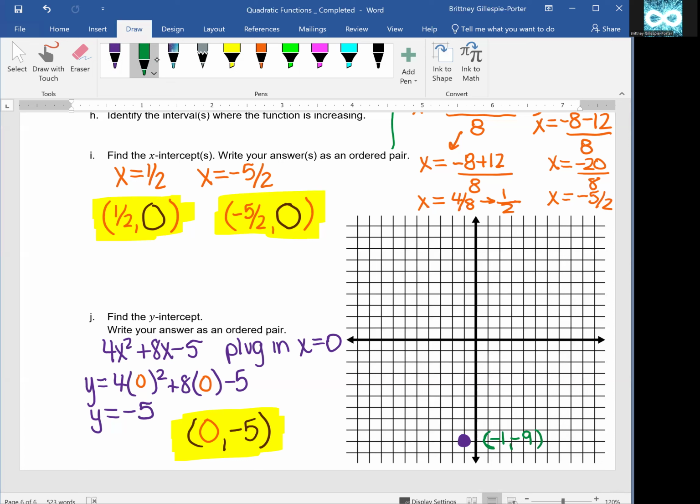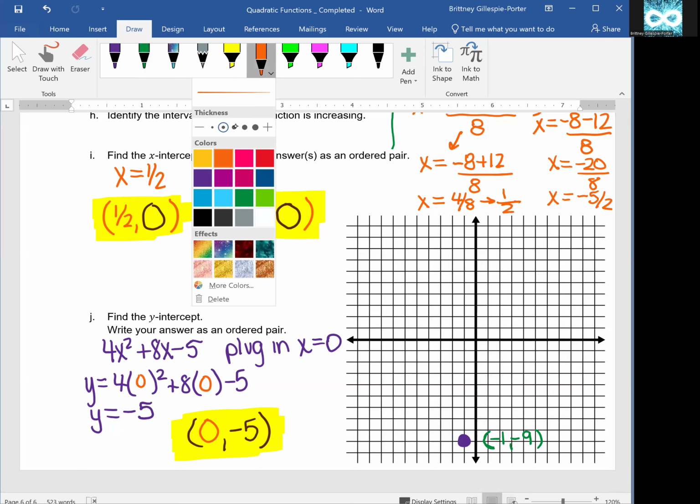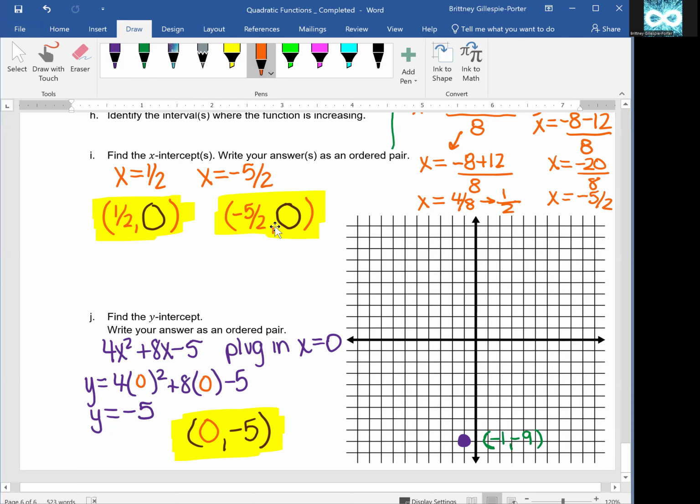We have 2 x-intercepts. 1/2, we're going to be directly in between 0 and 1. So our 1/2 is there.